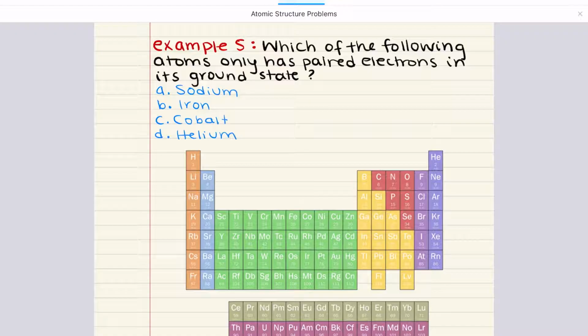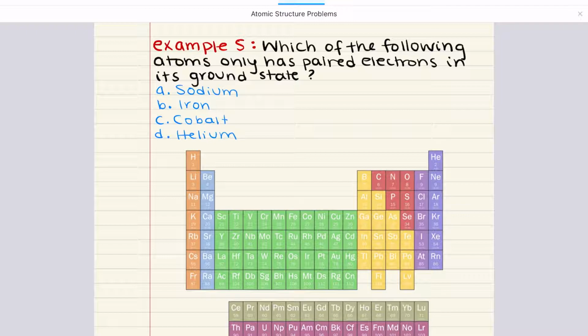And then Hund's rule says electrons will fill degenerate orbitals, so these are orbitals with the same energy, singly as far as possible before pairing up. Now, when we say paired electrons, we're talking about electrons occupying the same orbital with opposite spins. And when we talk about unpaired electrons, we're referring to electrons that are occupying an orbital alone.